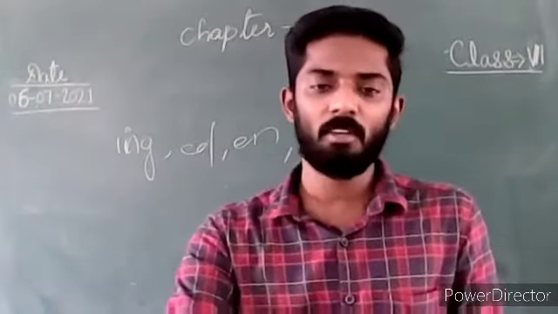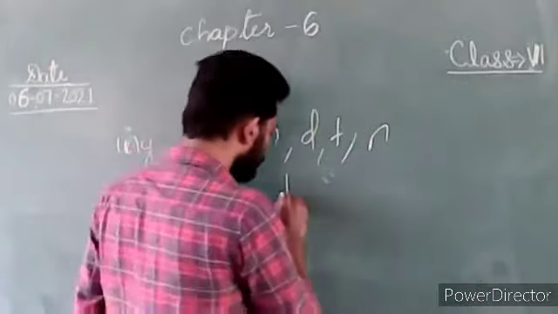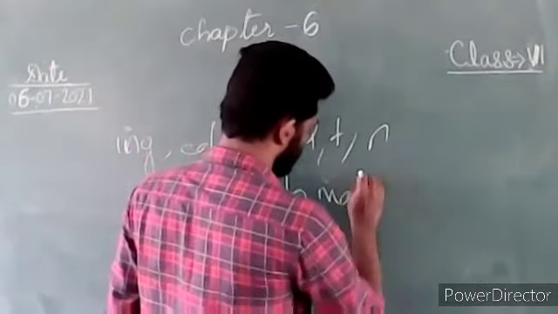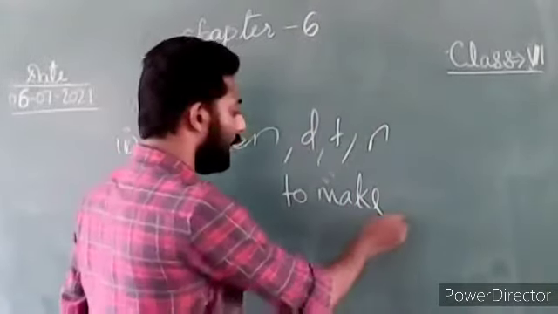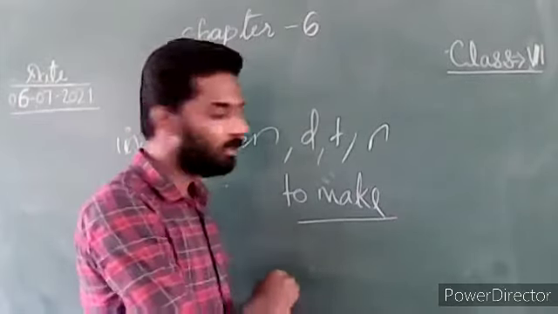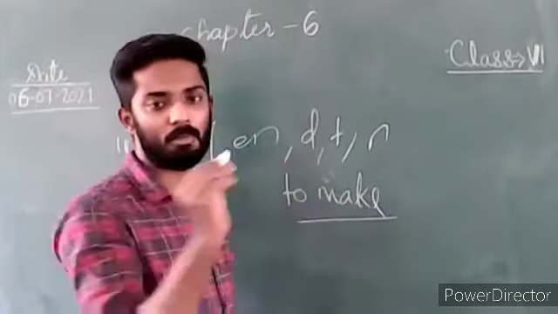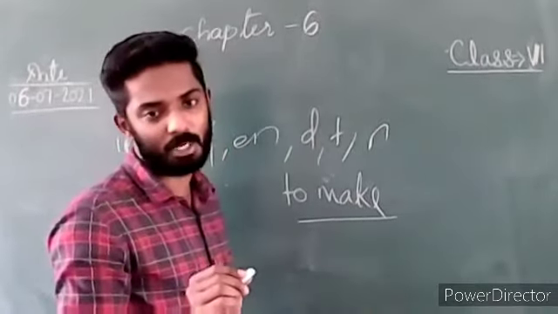So we know what is infinitive, that is, to make. To make is the infinitive, and this is called the full infinitive because to plus the base form of the verb is known as the infinitive.